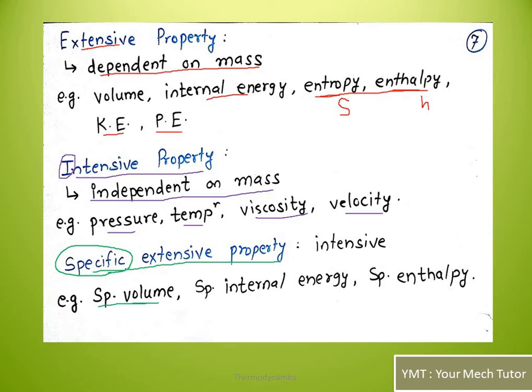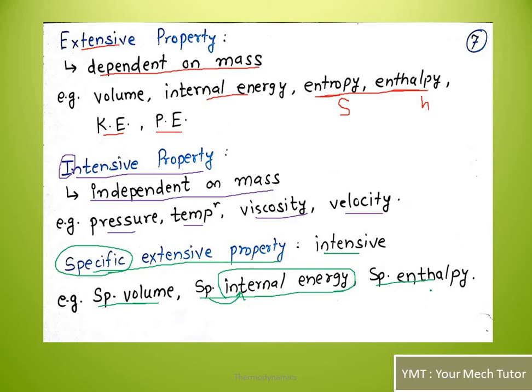So specific extensive properties are what? Intensive properties. For example, let us take a second example, specific internal energy. Internal energy we know is extensive. Now specific extensive property, it is what? Intensive. Then specific enthalpy is also an intensive property.